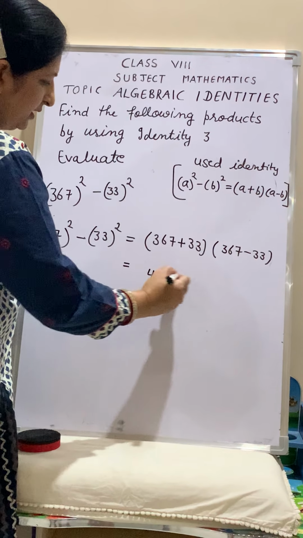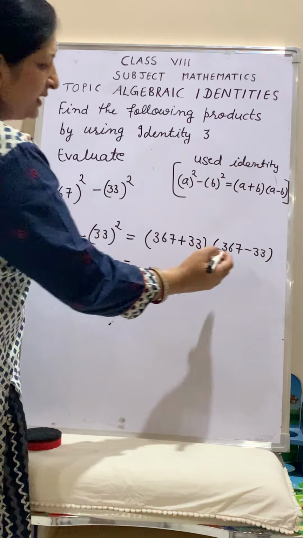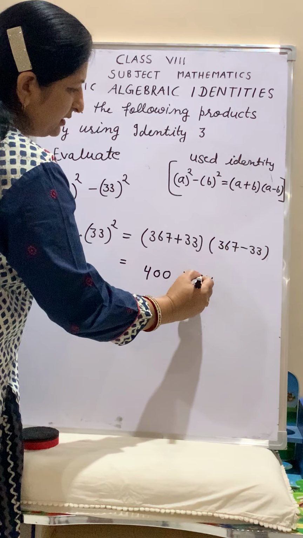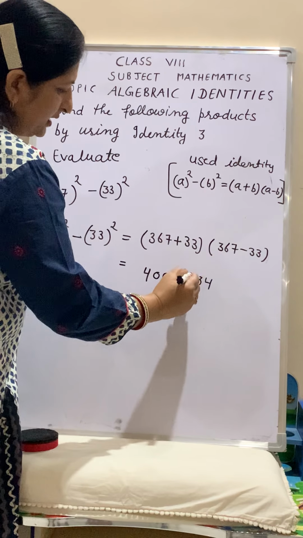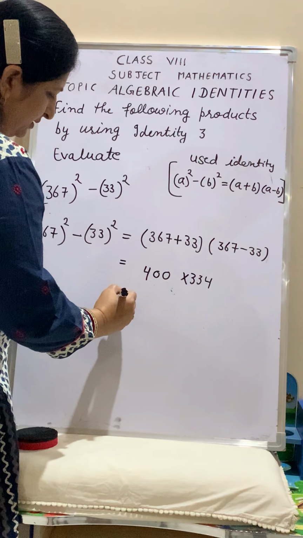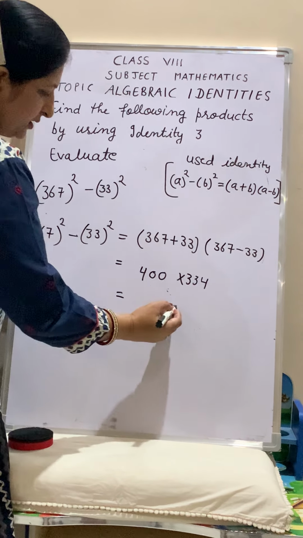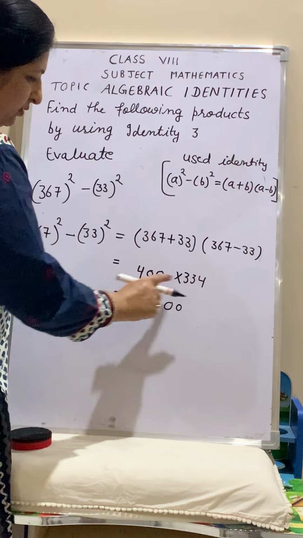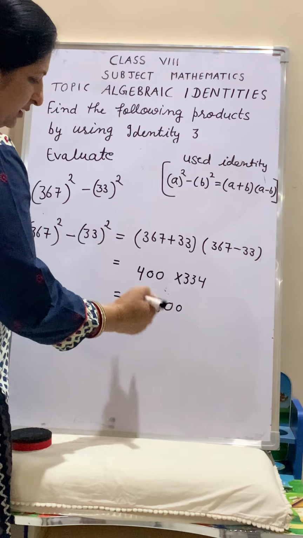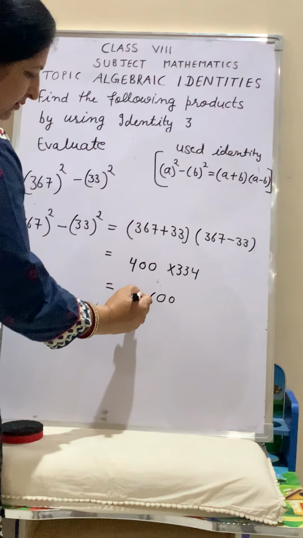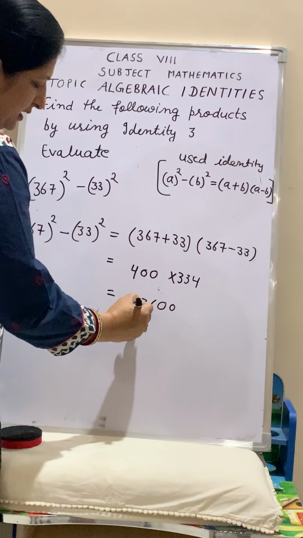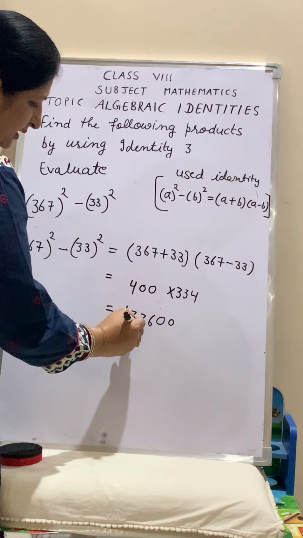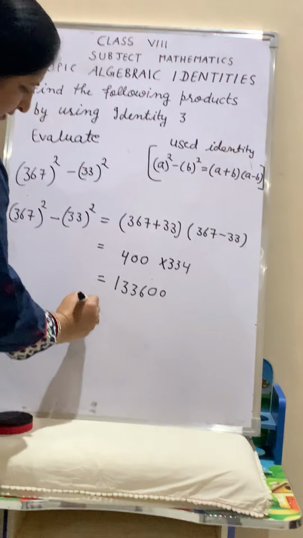It is 400. Multiply with 7 minus 3 is 4. 6 minus 3 is 3 and it is also 3. Then we will multiply 2 zeros. We will multiply 334 with 4. 4 4s are 16. 4 3s are 12 and 1, 13. 4 3s are 12 and 1, 13. It is the answer.